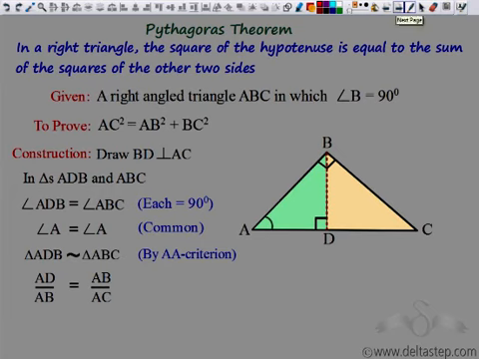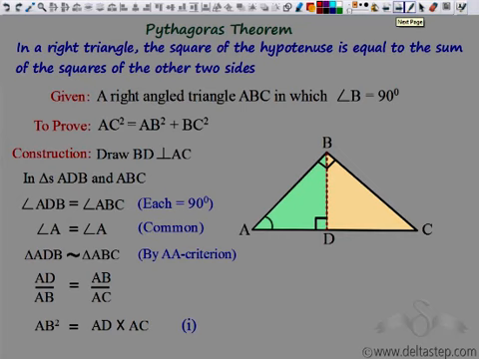Now if I cross multiply, I would get AB into AB, which is AB square, equal to AD into AC. So AB square is equal to AD into AC. So let's mark this number 1.